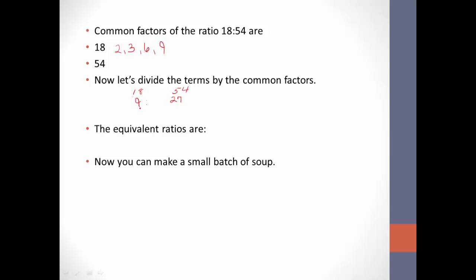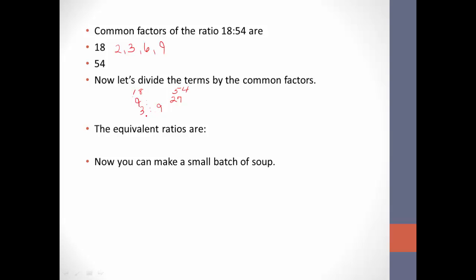Oh, that's still too much, so let's try the common factor of 3. 9 divided by 3 is 3. And 27 divided by 3 is 9. So now I have a ratio of 3 to 9.